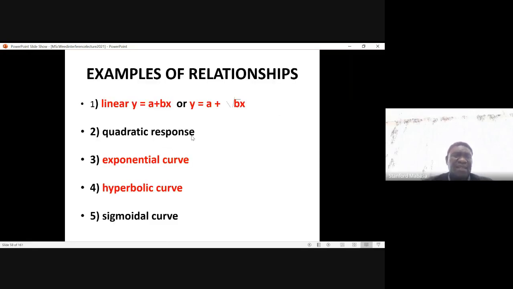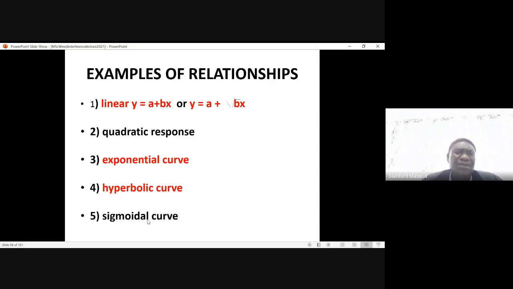Now we have got different sorts of relationships. The relationships I talked about when I was explaining the graphs are 4 and 5. The hyperbolic curve, which you now know, which was proposed by Cousens, and the sigmoid curve in number 5, which we started with, which was proposed by Zimbabwe.